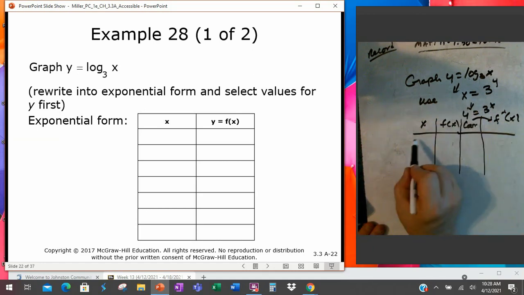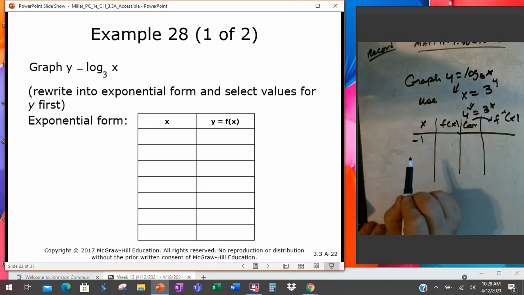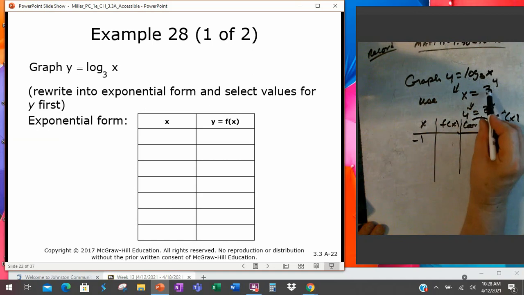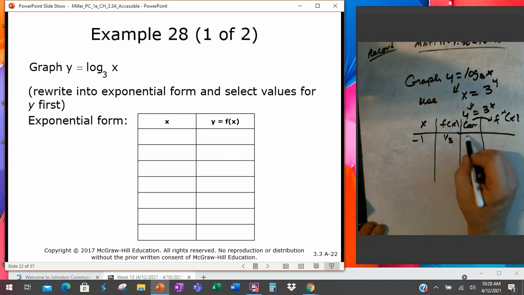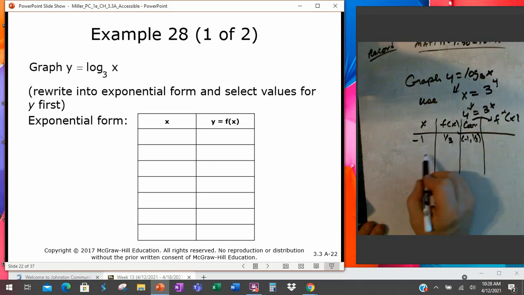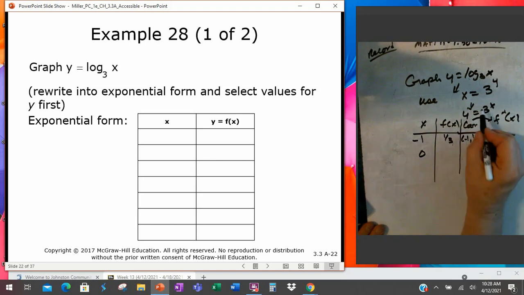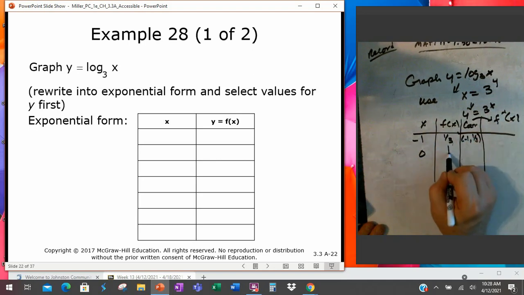So let's do -1. For -1, this would be 3 to the -1, which is 1/3. My coordinates are -1, 1/3. Okay. 0: 3 to the 0 is just 1.